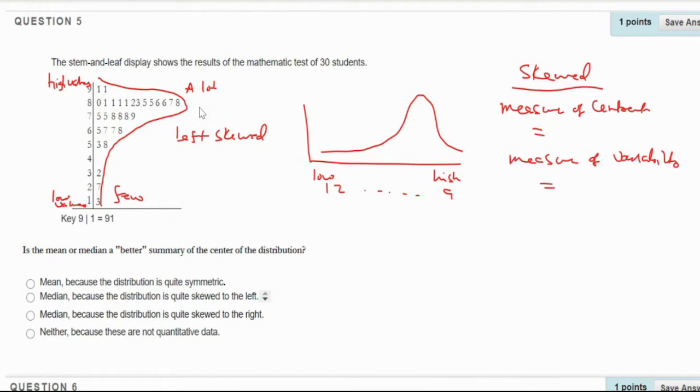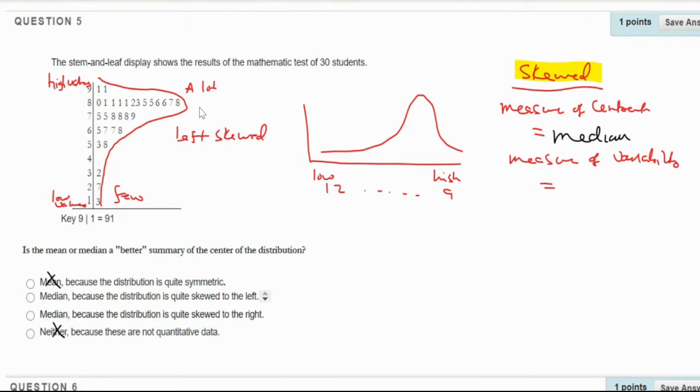Would someone help me with this? As long as the distribution is skewed, what measure of central tendency do we prefer? Anyone knows it? The median. Very good. So that's correct for one. Okay, so everywhere there's mean, it's out. All right. So it's the second one.